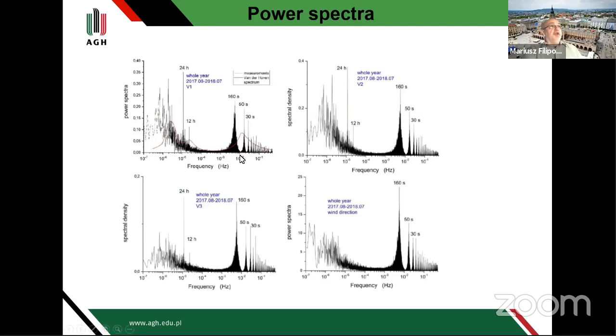Also, some data illustrate the behavior of the wind. For example, if we create power spectra and plot our power spectra on the general Van der Hoven spectra, we can see that these meteorological peaks are similar. However, for short frequencies, behavior is different.